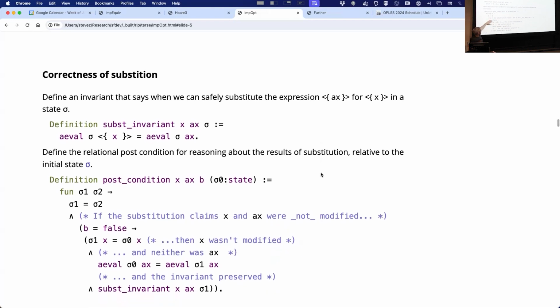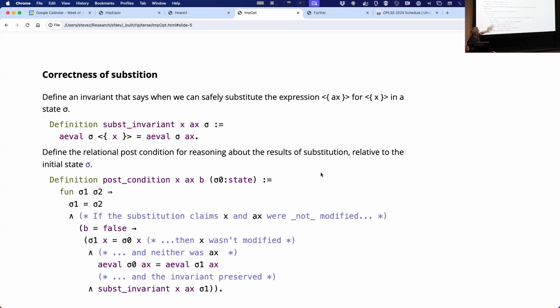So this claims that when our analysis told us the things weren't modified, indeed they weren't. The postcondition is about the two states we end up in after substitution: x hasn't been modified, ax hasn't been modified, and the substitution invariant still holds, so they're still equivalent to each other in the resulting memory.